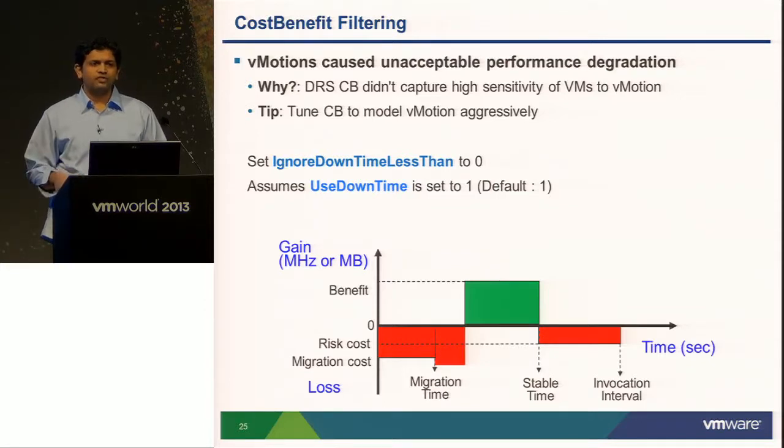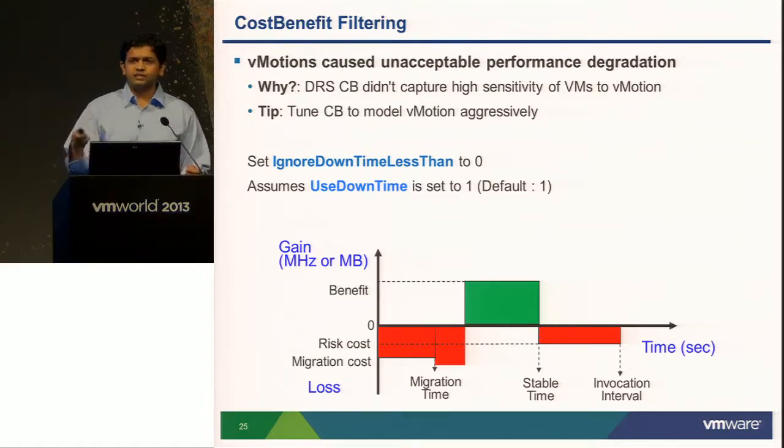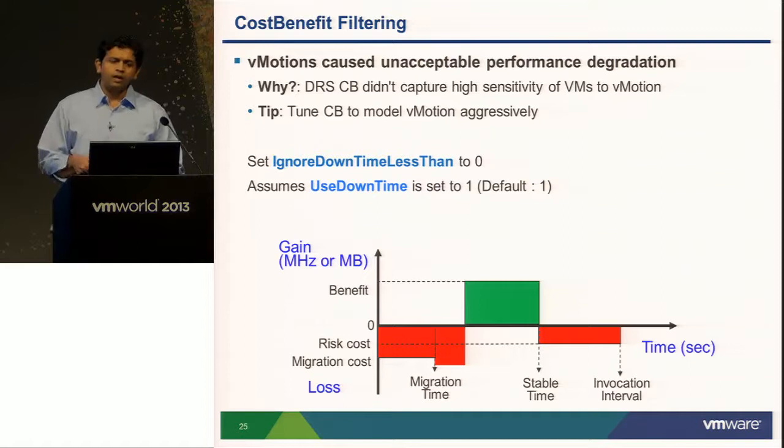This is useful if you have a latency sensitive application like VoIP or a database that dirties the memory a lot. When this option is set, DRS considers the actual cost of migration. It considers how long it will take based on how actively the VM is dirtying the memory, and because it considers a higher cost, those migrations will be throttled more.